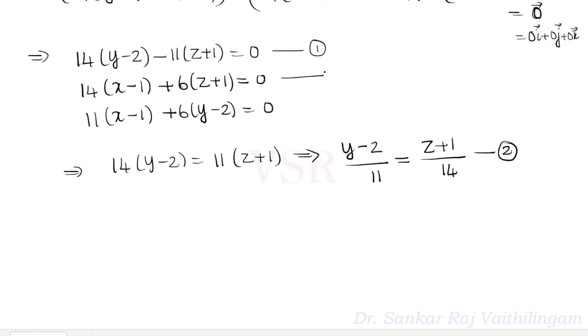So this implies that I may write 14 times x minus 1 is equal to minus 6 into z plus 1. From this we get x minus 1 divided by minus 6 is equal to z plus 1 divided by 14. So these are both equal to the same thing, so all of them are equal.